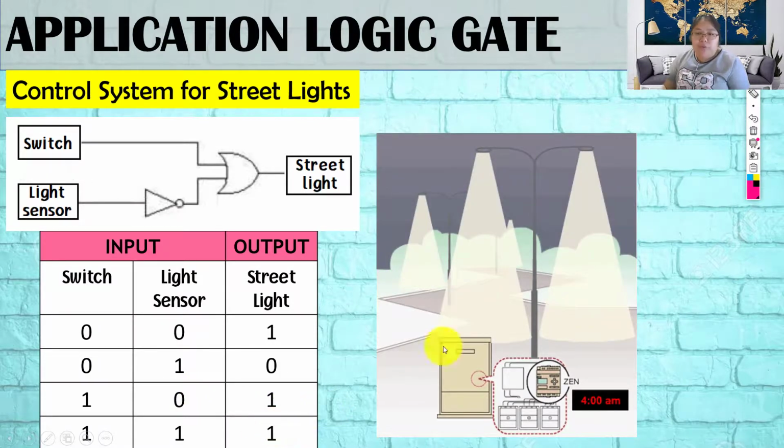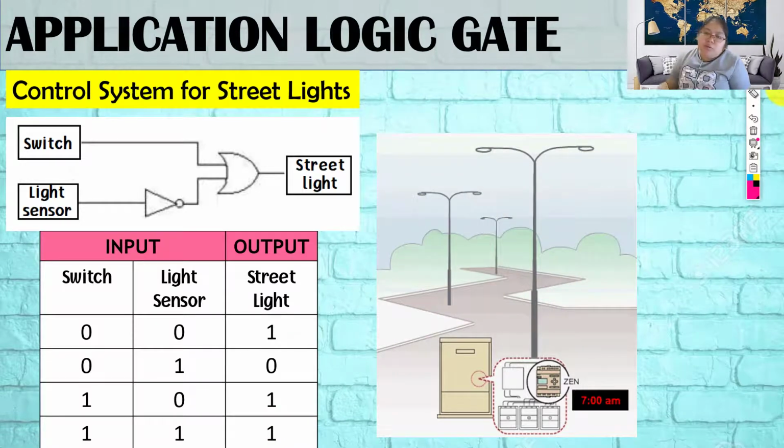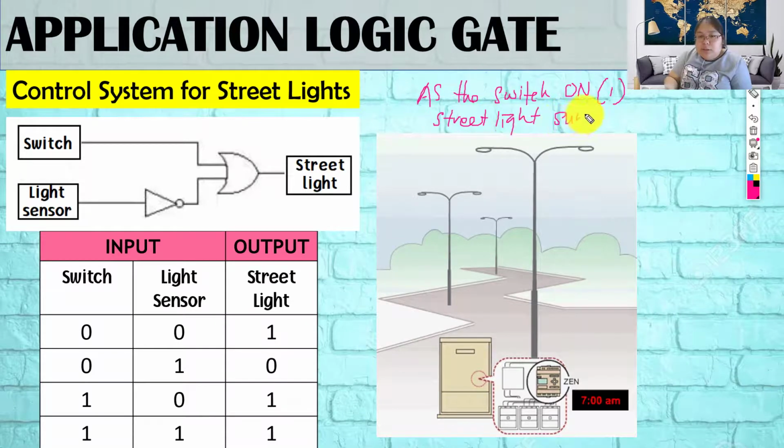must be on. I can make one conclusion: when the switch is on, meaning 1, the street light is sure on. So this is the first conclusion I get.